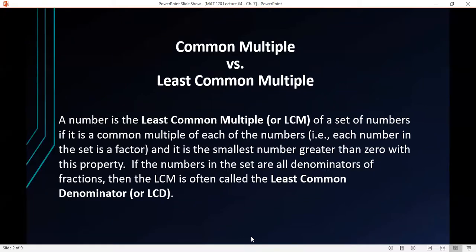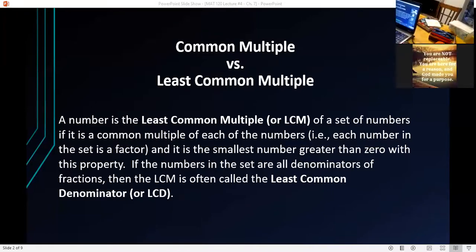I like to start by showing you one on the paper here. Let's take, for example, what are multiples? Okay, first, what is a multiple?